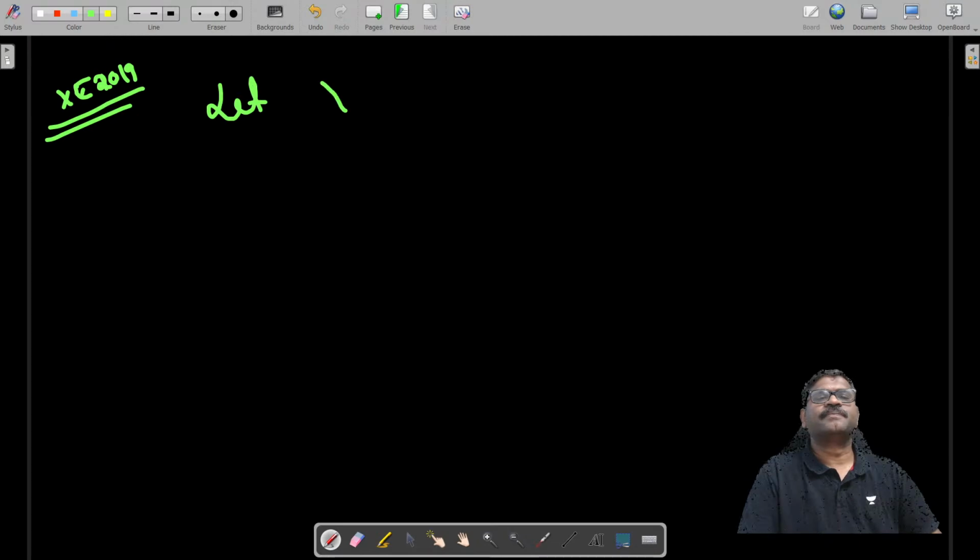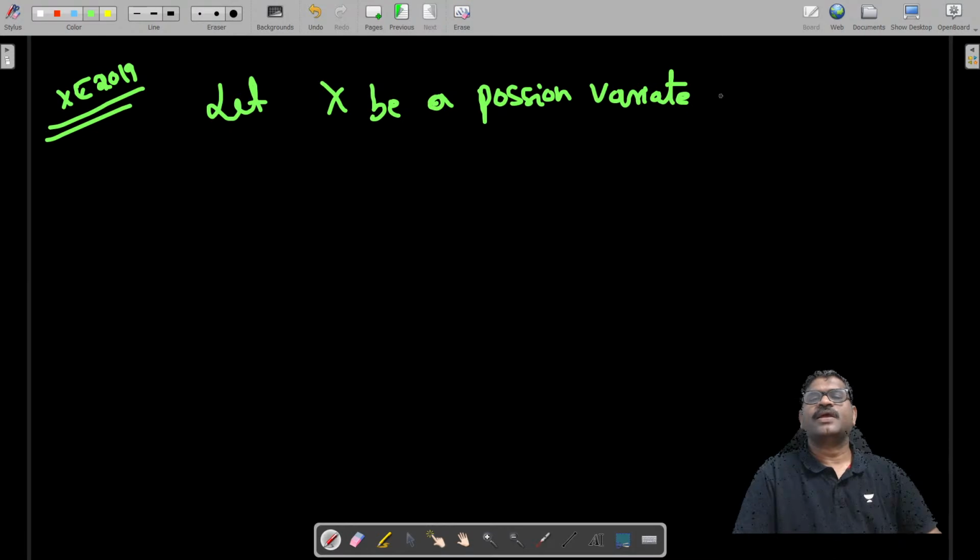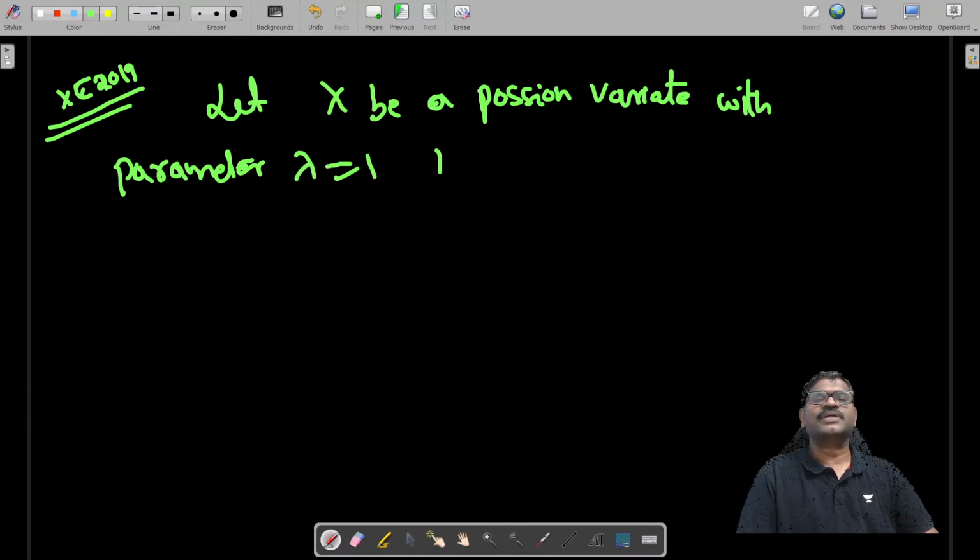Let X be a Poisson variate with parameter lambda equal to 1.